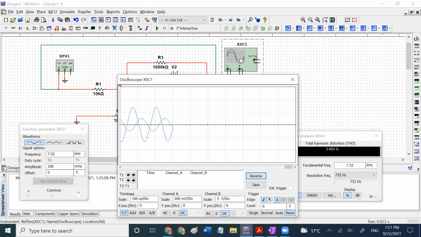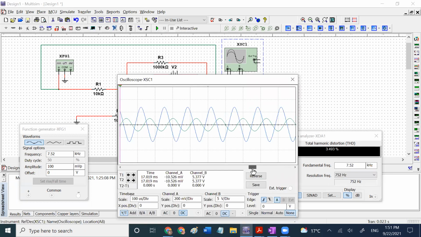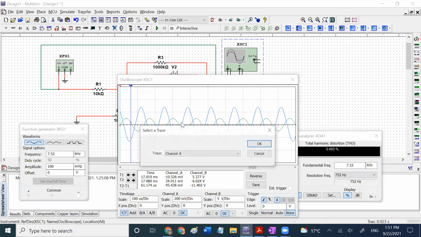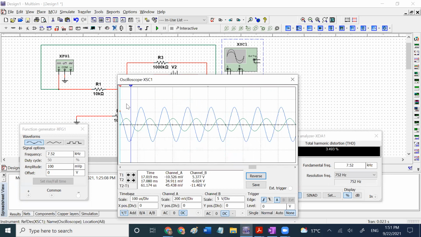Now let's look at the output. Obviously, output is very important. We're going to trace channel B and go to the max. So our result is 7.99934. This is not acceptable.